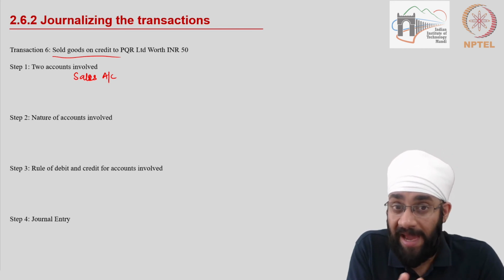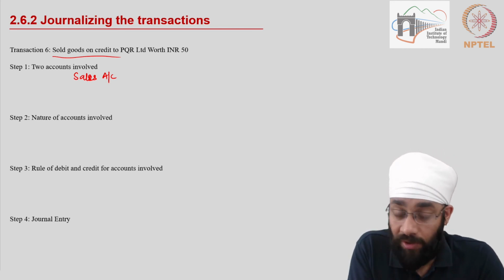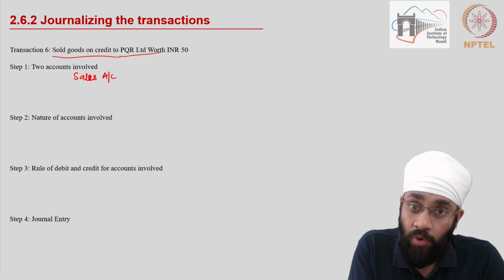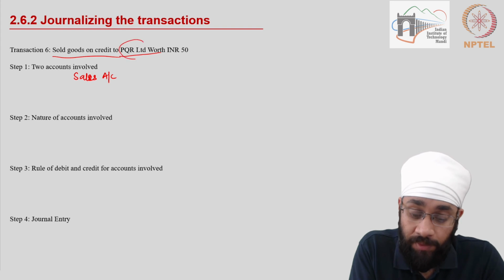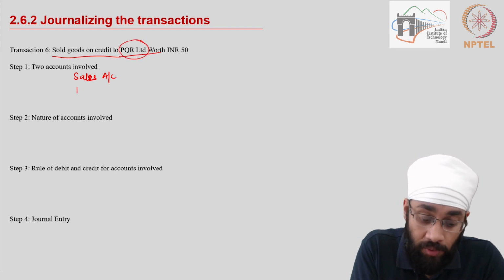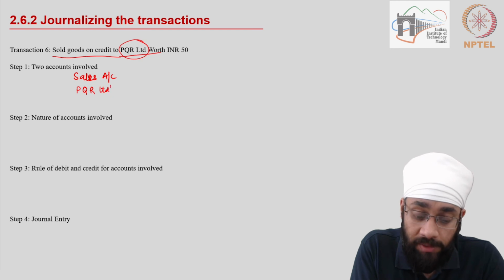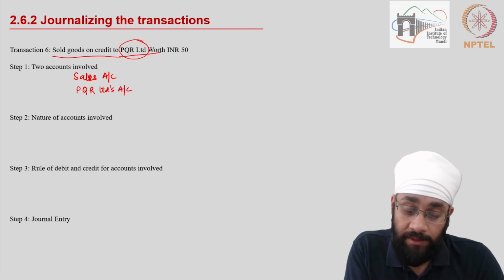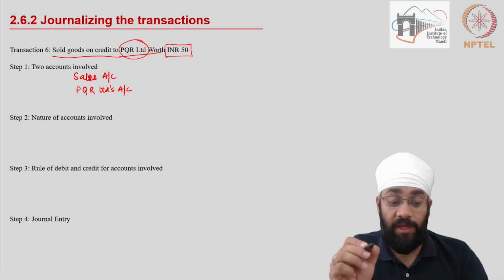You're not getting cash, so bank account is not involved, and the goods are being sold to a customer whose name I know, which is PQR Limited. So I'm going to write the name of the customer only, PQR Limited's account, and the value of the goods is 50.